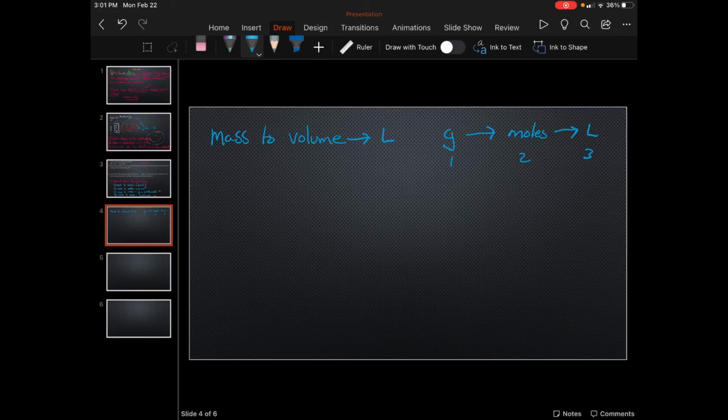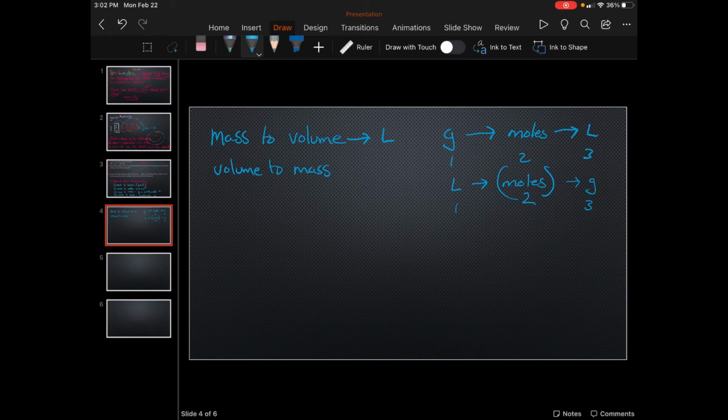So you got mass to volume, and then obviously you got volume to mass, and you just simply switch the whole process around. So you go from liters to moles, and just know this, that moles is generally going to be your second step, and then you go to grams. So easy as 1, 2, 3, ABC. So you can see what we're trying to do here.